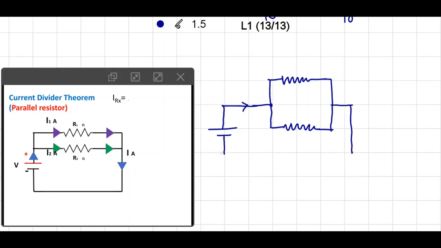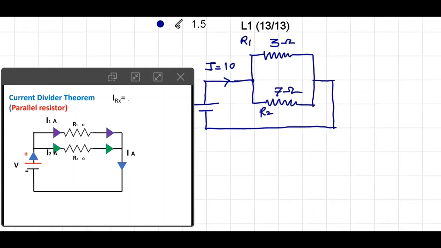And the circuit is completed. Let us consider the given current I is equal to 10 ampere, and let us consider this is a 3 ohm resistance and this is a 7 ohm resistance. This is R1, this is R2.